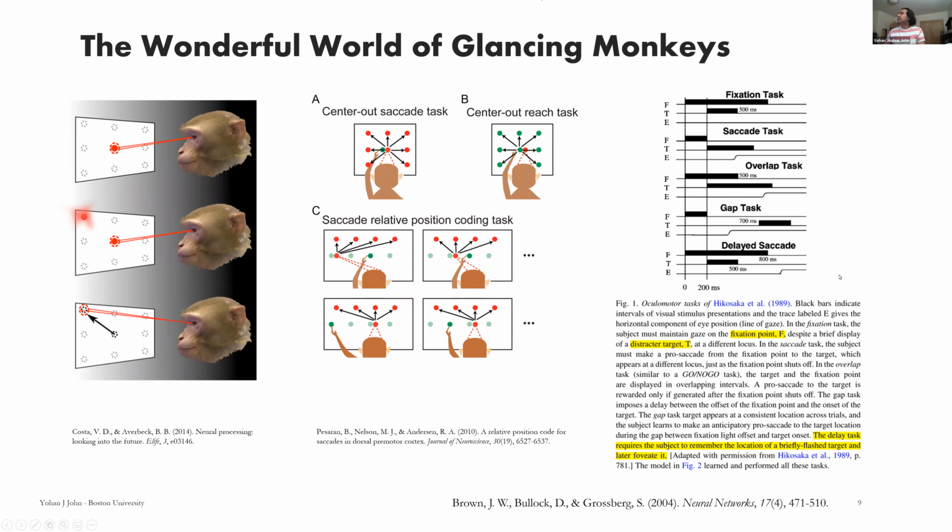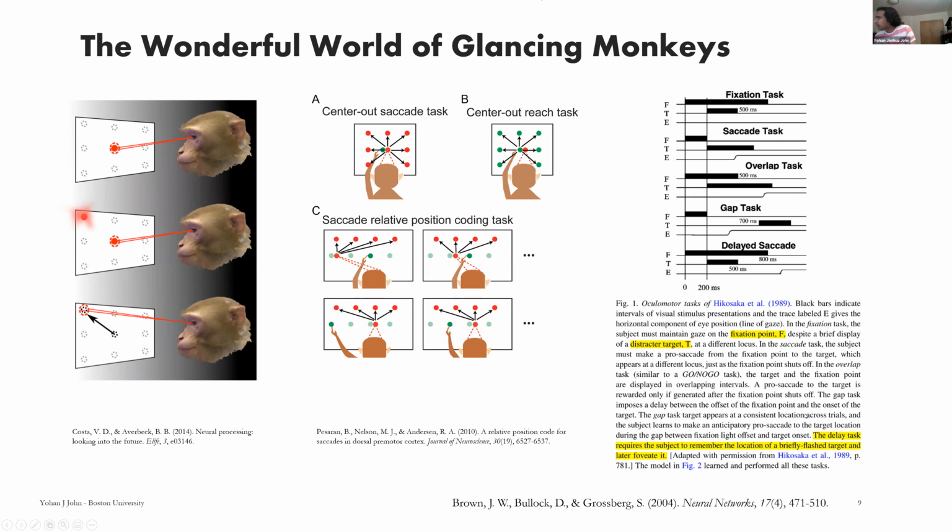There's a standard saccade task where you just look at a target as soon as it comes on. There's an overlap task, and I think that's the one where you have to hold on to the fixation while it's present and only saccade to the target when the fixation stimulus goes away.